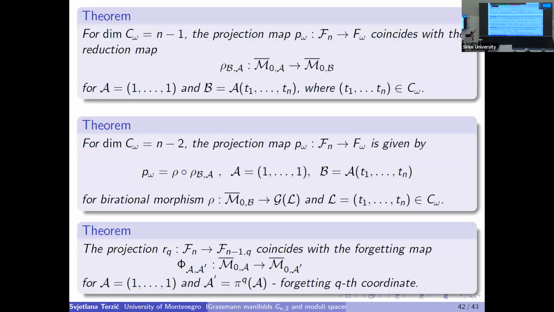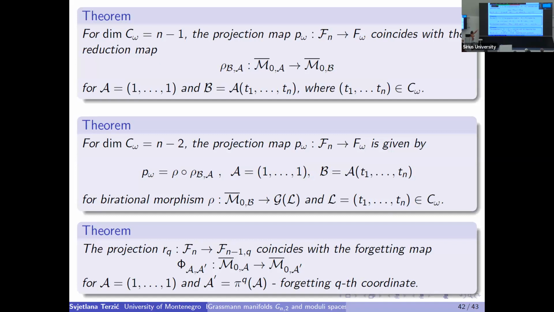So we have the projection P omega from Fn to F omega. When the dimension of C omega is n-1, then our map P omega from Fn to F omega coincides with the reduction morphism given by Hassett.